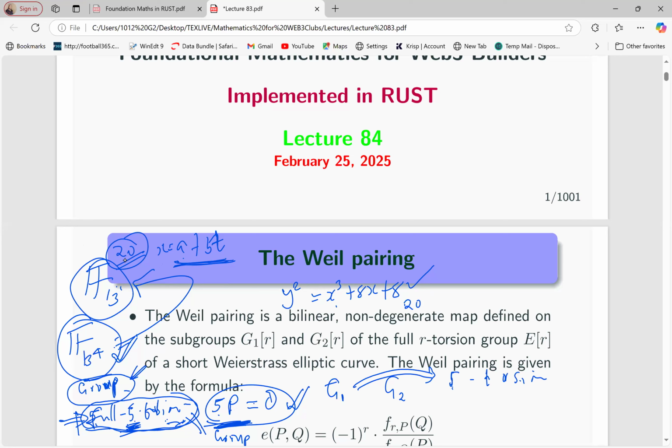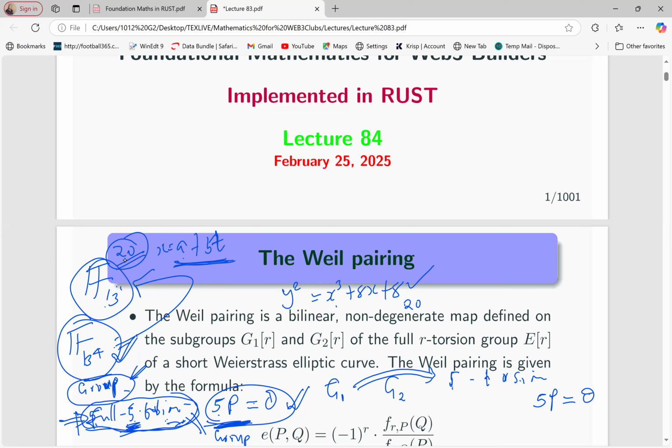This is a group formed of points that obey the property 5P is a point at infinity, but it's defined on F3.